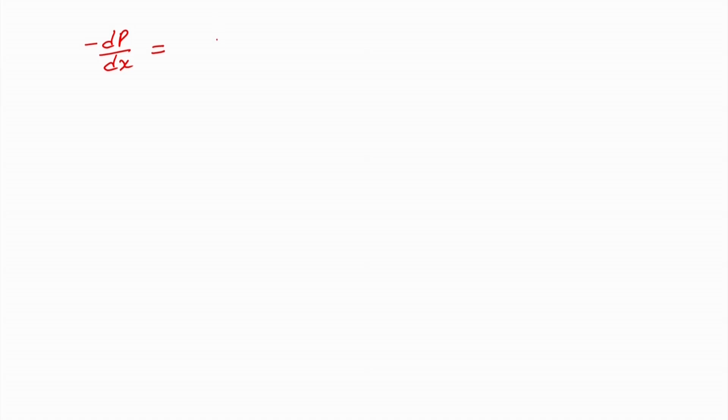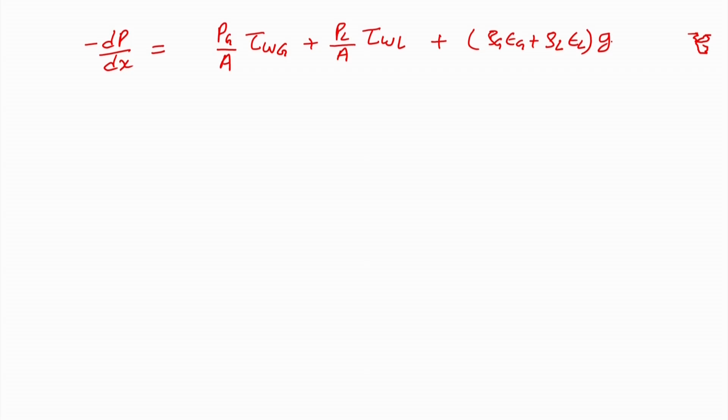I will write tau W, instead of this I will write Pg upon A, the perimeter occupied by the gas, times tau Wg, the wall shear stress because of the gas, plus PL upon A times tau WL, the wall shear stress because of the liquid, plus the gravity term, which I will write as rho g epsilon g plus rho l epsilon l, times g, because we have to write the mixture density. Instead of the mixture density, I am writing these two terms.